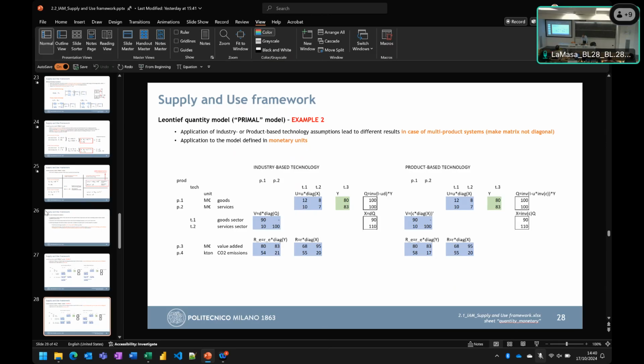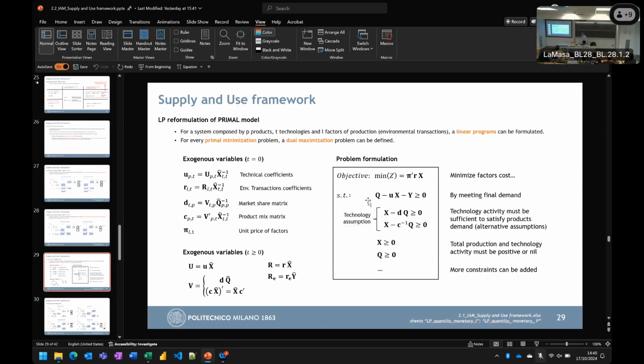Then, very quickly, I told you that in order to unleash the capability of the supply and use framework, we can formulate the supply and use system of equations as a system of inequalities. So we can define the problem as a linear program.